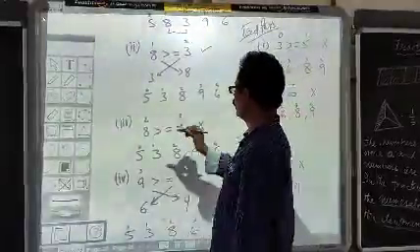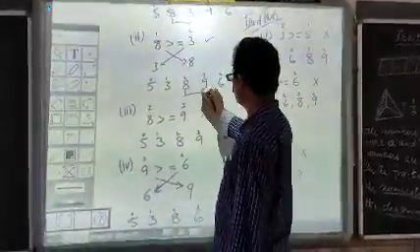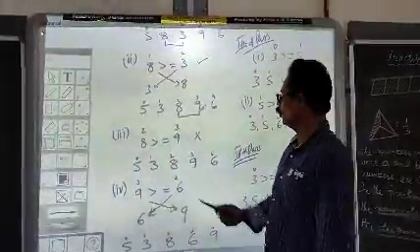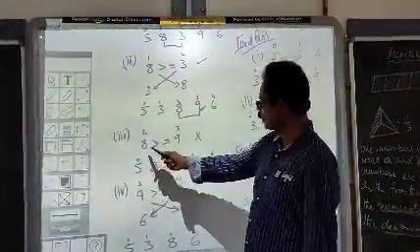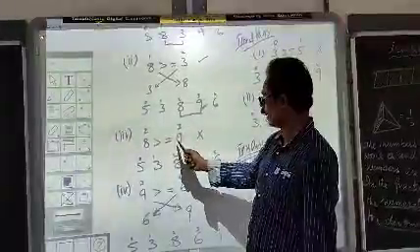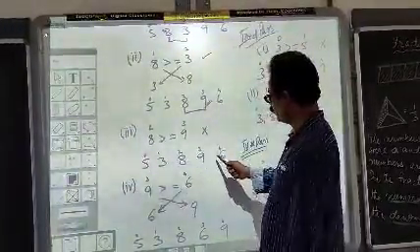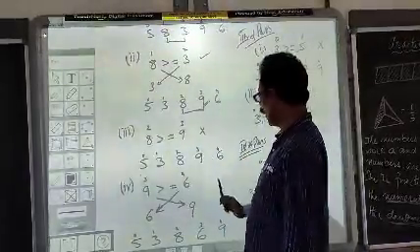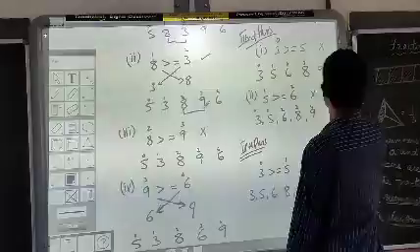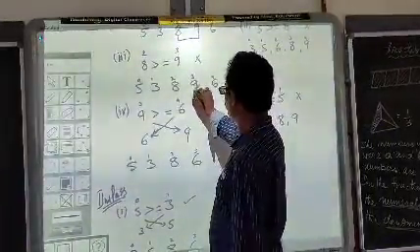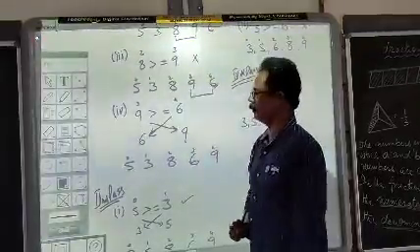Now the next comparison will be between index 2 element and index 3 element. Index 2 element is 8, and index 3 is 9. Is 8 greater than or equal to 9? It is not. So the array remains the same. Then the next one will be index 3 element versus index 4 element.